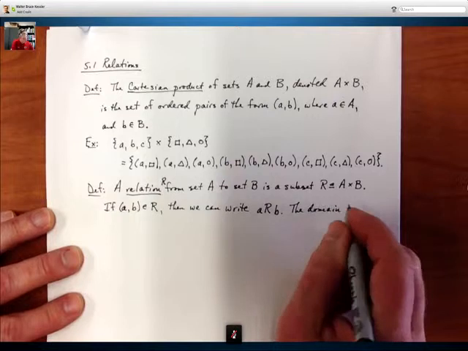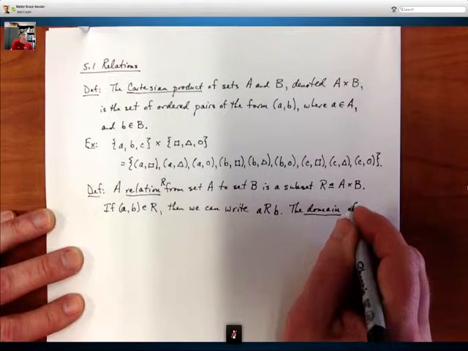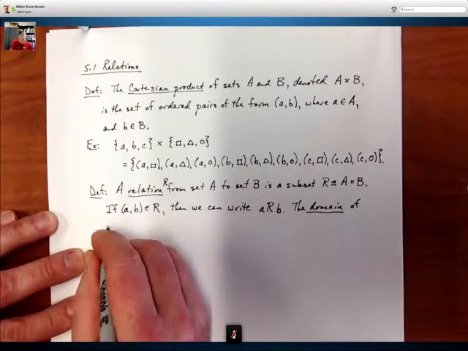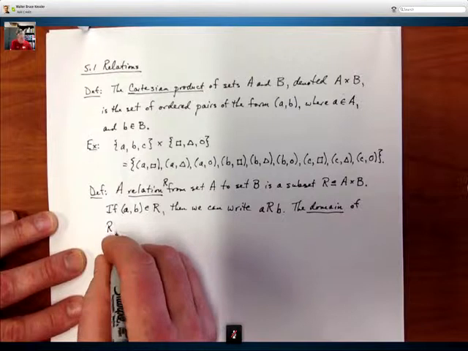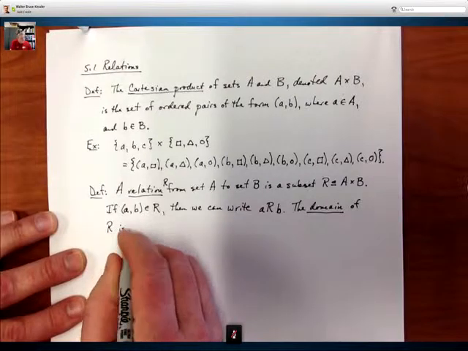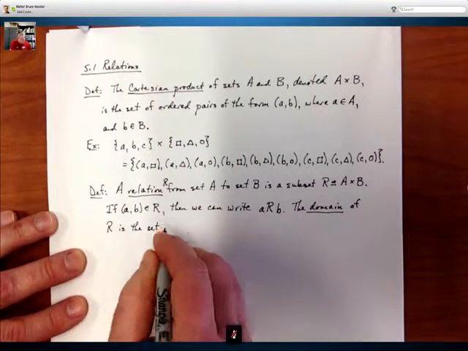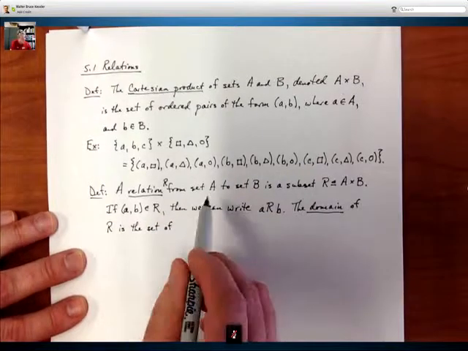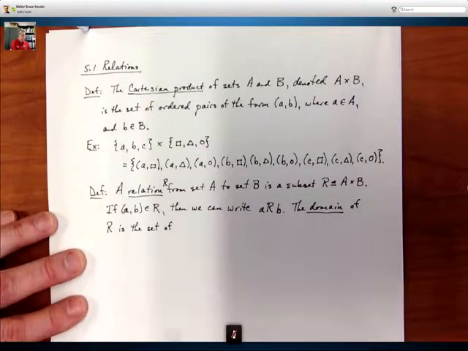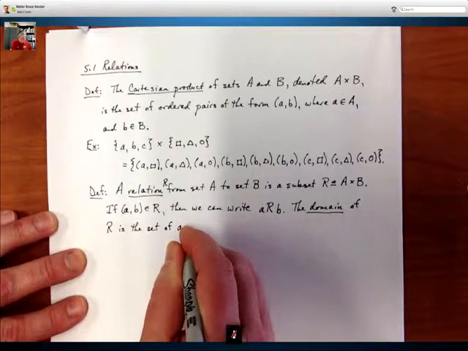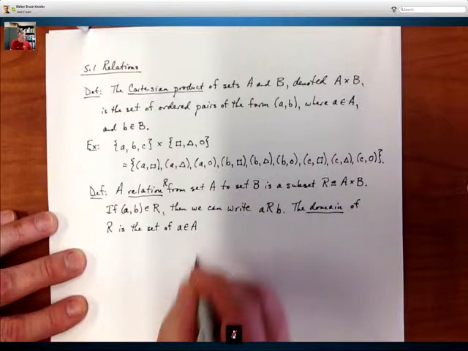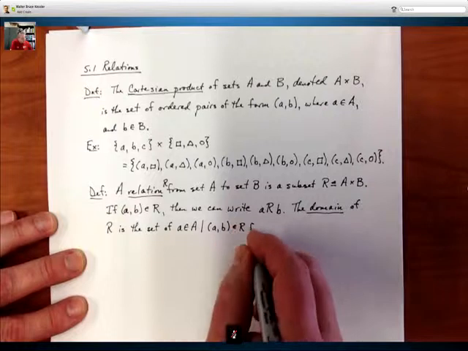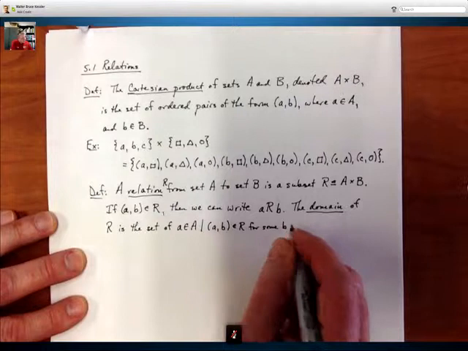The domain of the relation is the set of a in the set A such that (a, b) is in the relation for some b.